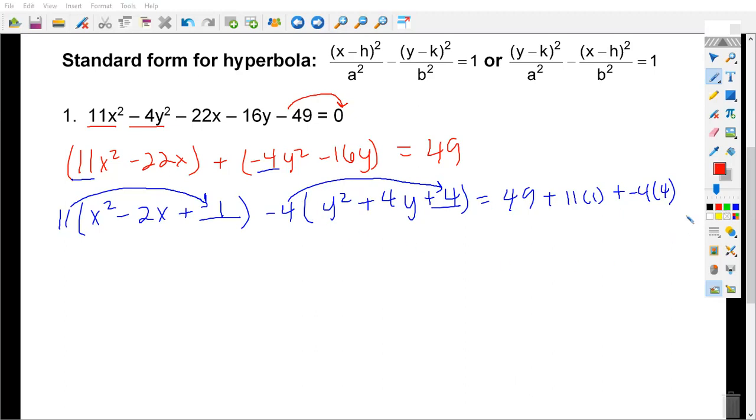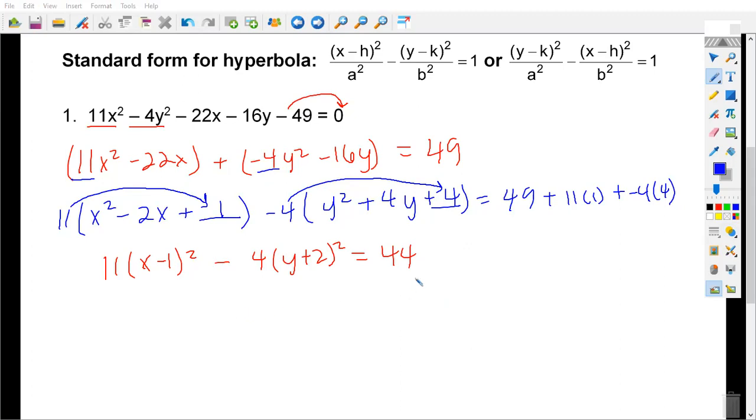Step 3 is to factor and simplify. So this becomes 11 times (x minus 1) squared minus 4 times (y plus 2) squared equals, what is that? 44. Equals 44. Okay, how do we feel about step 3?